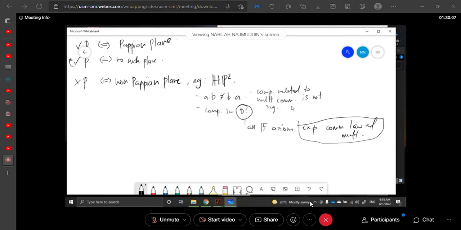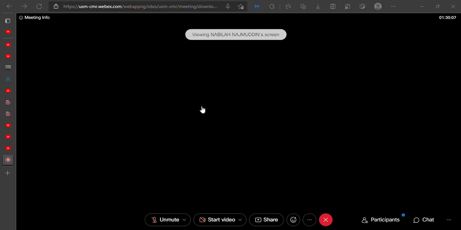But it does not satisfy Pappus, because Pappus requires all field axioms including the commutative. But here, it is not commutative.